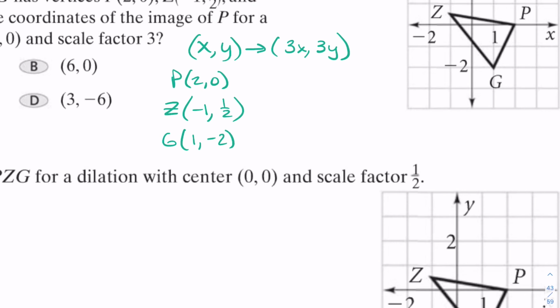And the mapping of this is going to be, I'm going to multiply it by 3. So it's going to be P prime is 6, 0. Z prime is at negative 3, 3/2, or 1.5. And G prime is going to be at 3 comma negative 6.